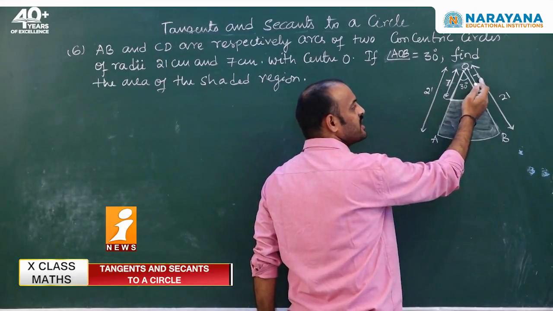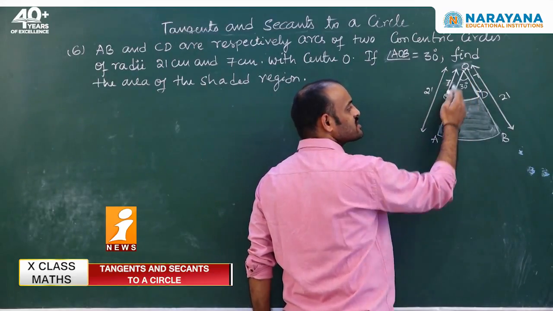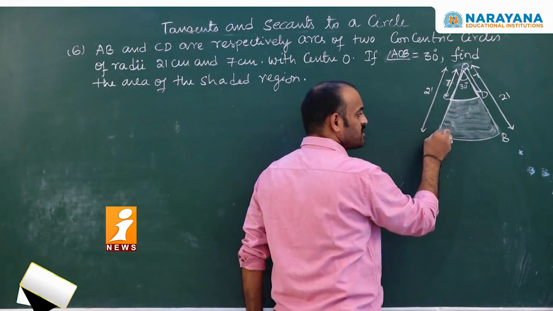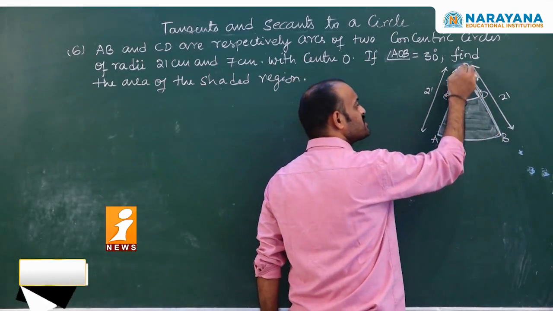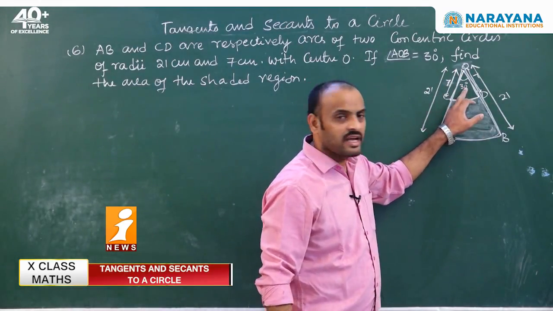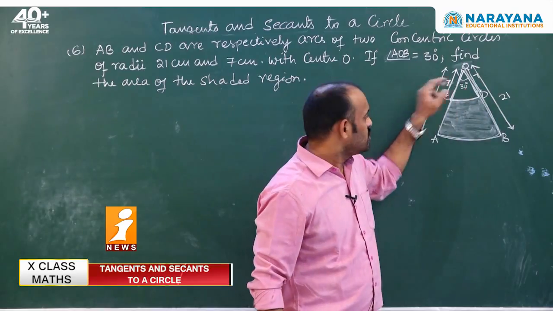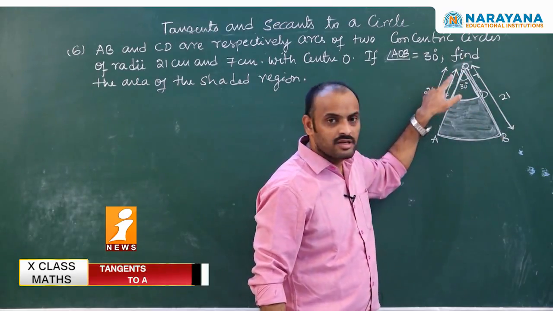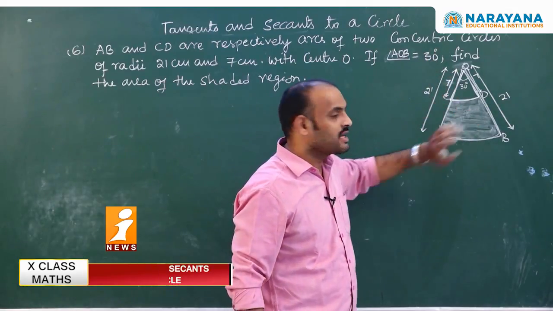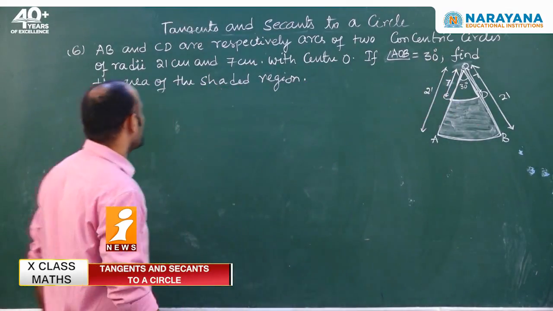Both have radii 7 and angle 30 degrees. This is one sector, and this also, with both sides radii 21, 21 and central angle 30 degrees. So this is also a sector. From the bigger sector, if I subtract the smaller sector, I will get the shaded region area.